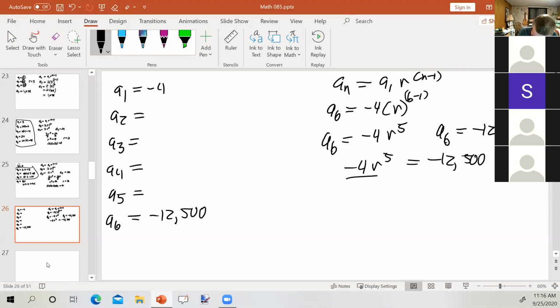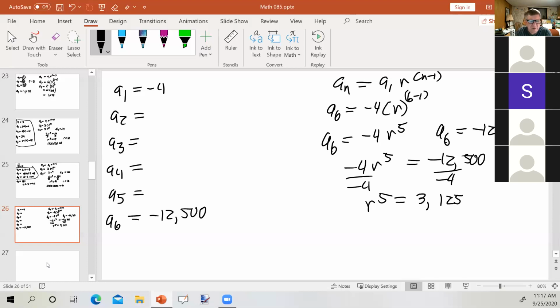Now we're going to divide both sides by -4. R to the 5th equals, let's see here. Oh, I'm feeling lazy. Well, I know that negative divided by negative is positive. 12,500 divided by 4, I'm going to get 3,125. Oh, wow. That's just awful, isn't it?